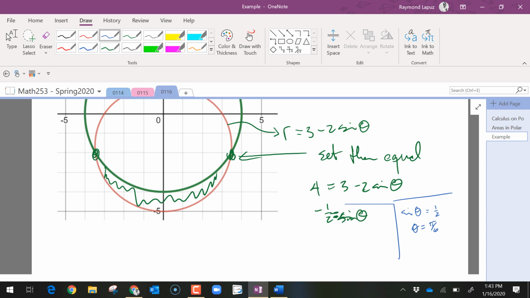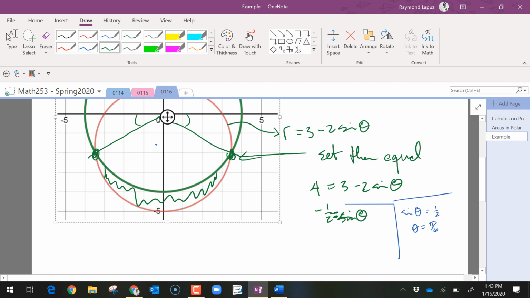And so a couple of angles down there would give you these two angles that we're looking for. So each of these angles are pi over 6, but we want to figure out the angle from here to here.